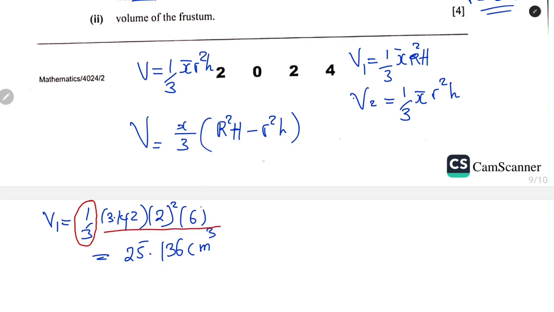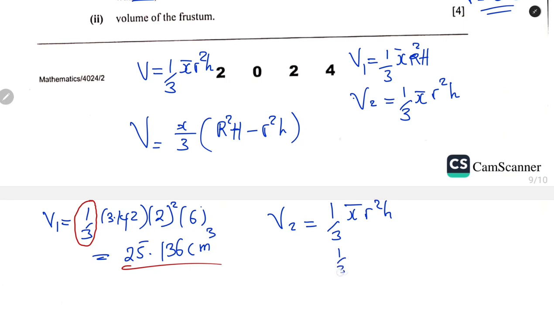It becomes easy. So 1 divided by 3 is more like 0.333. Then you continue multiplying without even clearing it on the calculator. I think it will be easy that way. So this is the volume of the big one. What about the volume of the small one? V2 equals 1 over 3 pi r square h.